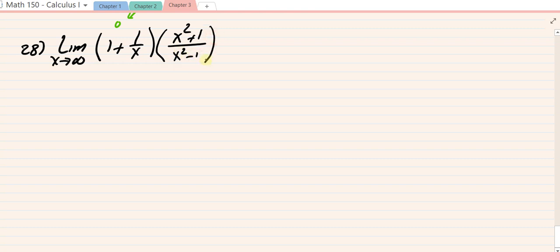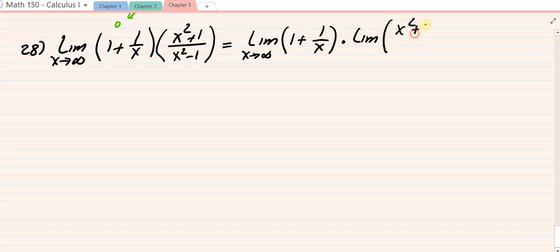For number 28, we can now write this as the limit of a product is the product of limits. So we can write it as the limit as x goes to infinity of simply 1 plus 1 over x, times the limit of x squared plus 1 divided by x squared minus 1 as x approaches infinity.